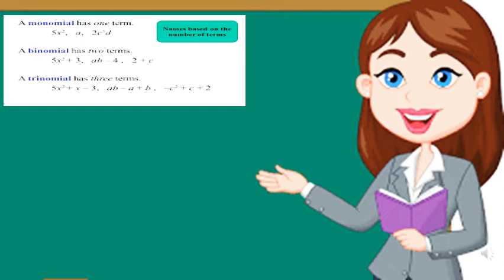So, a binomial has two terms. And then a trinomial has three terms. It is an algebraic expression or a polynomial which has three terms. That is 5x squared plus x minus 3. One more example, ab minus a plus b minus c squared plus c plus 2. All these are examples of trinomials.